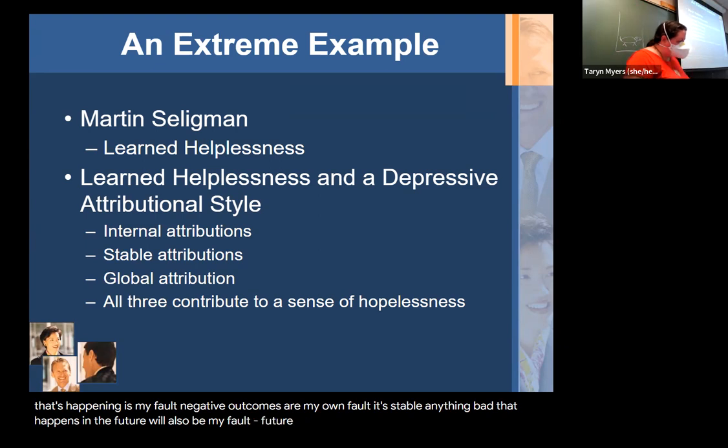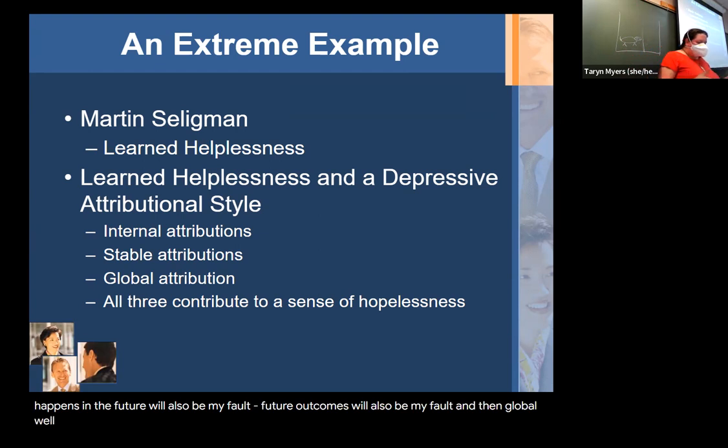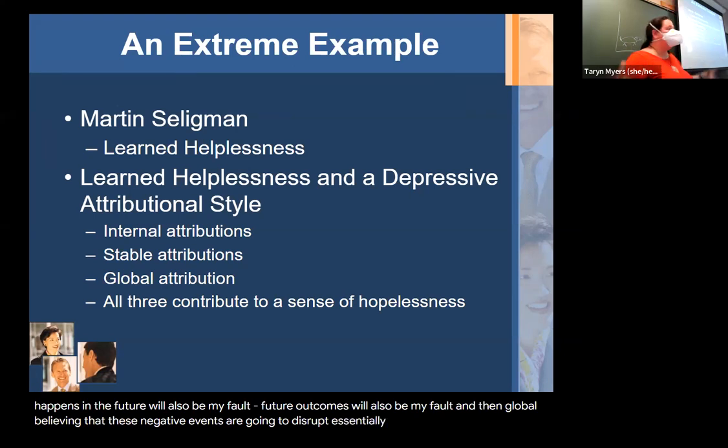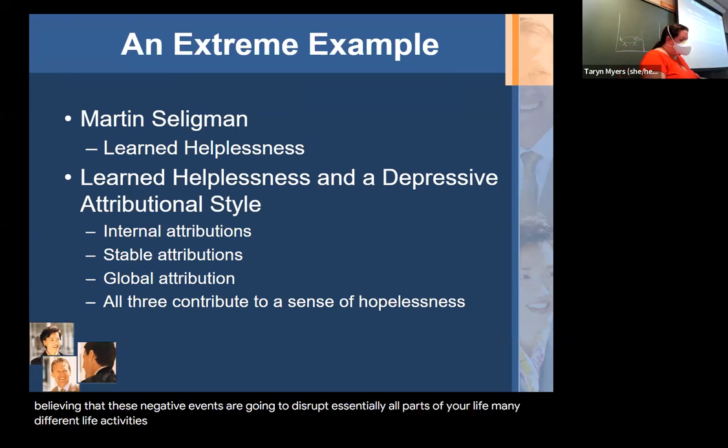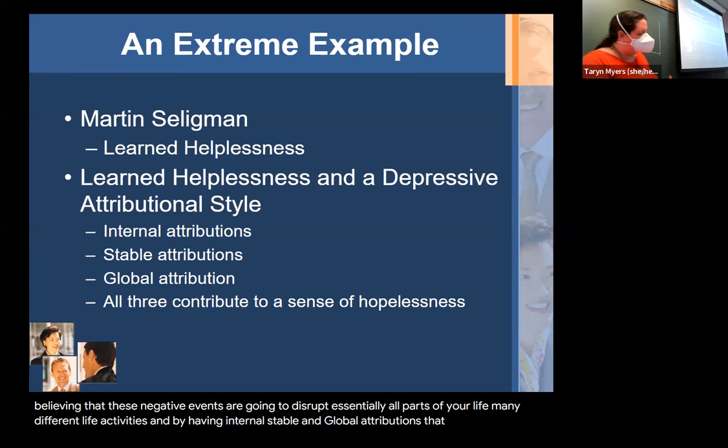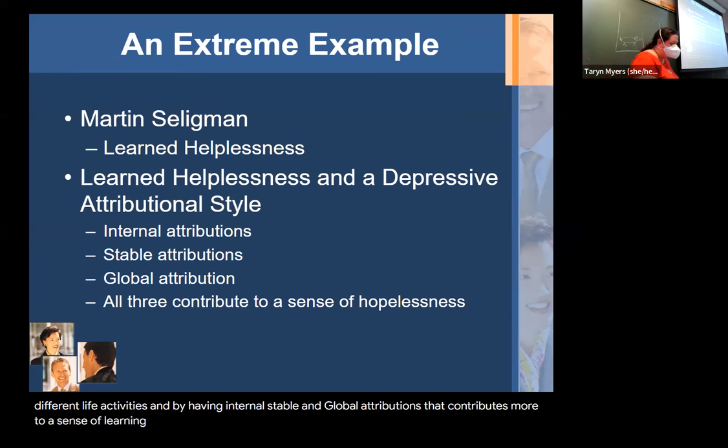Negative future outcomes will also be my fault. And then global. Believing that these negative events are going to disrupt essentially all parts of your life, many different life activities. And having internal, stable, and global attributions contributes more to a sense of learned helplessness.